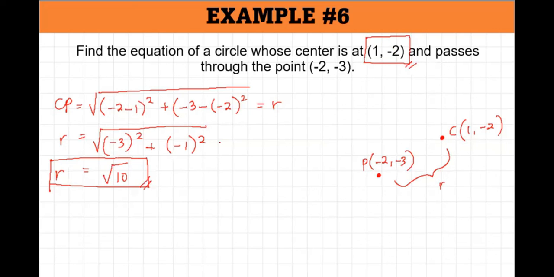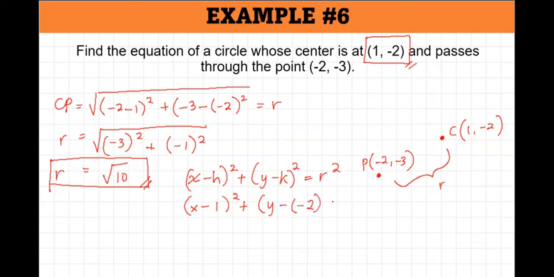So, all that you have to do is substitute this to the equation that we have for circle, which is (x - h) squared plus (y - k) squared equals r squared. Value for h is positive 1, so minus 1 lang, plus value for k is -2, so y minus -2.